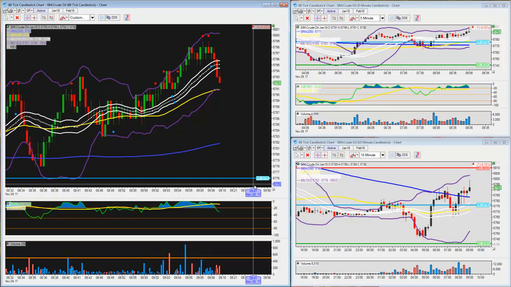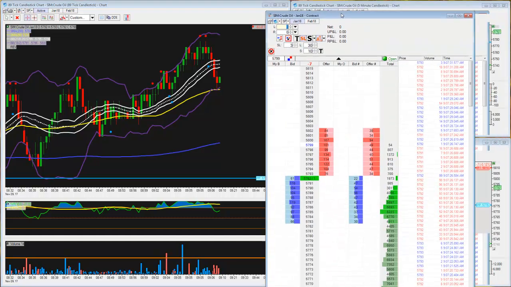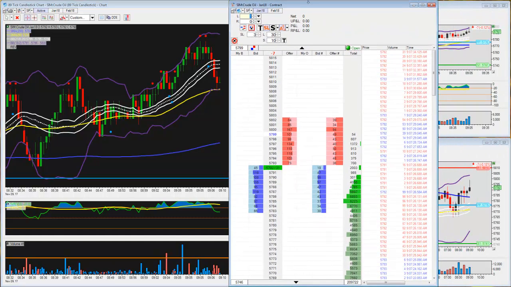If you have to choose between two, I would put your charts on the best monitor and use the other monitor for your dome. This is called a dome, depth of market. This is your decision-making area that you actually would input a trade in.